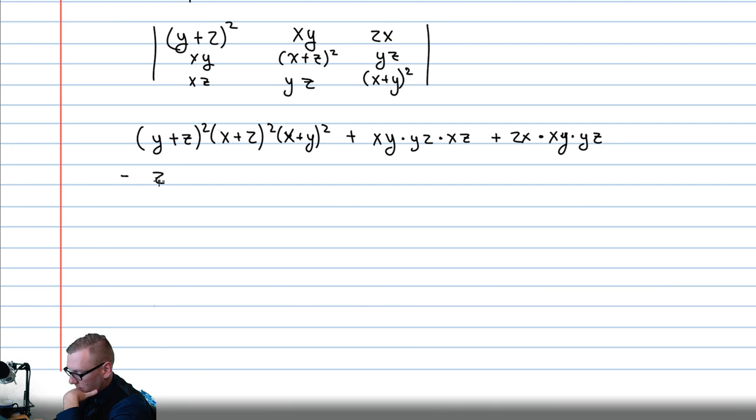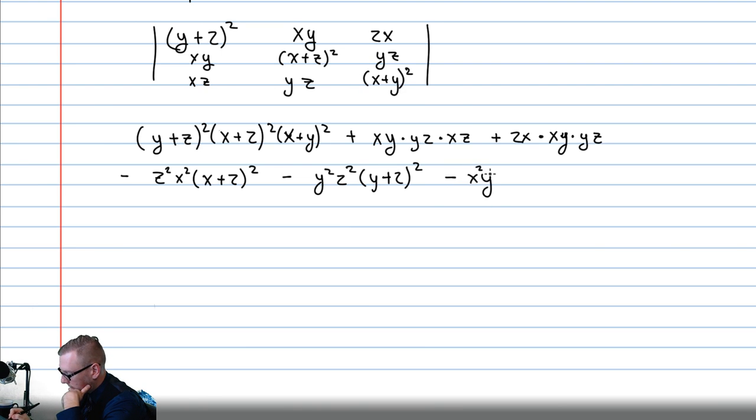So I'm just gonna actually go z squared x squared times x plus z squared, and next one is minus y squared z squared y plus z squared, and then the last one is the xy's minus xy x plus y squared.